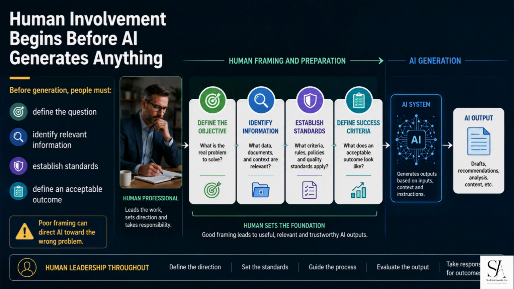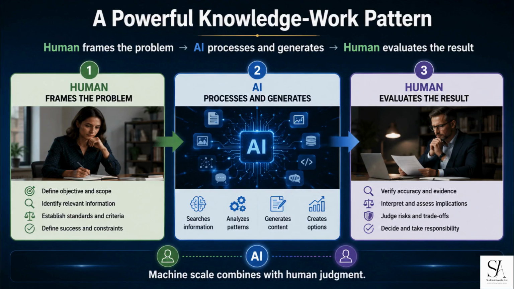Traceable evidence can strengthen this form of oversight. Instead of asking a reviewer to assess an unsupported AI answer, the system can provide the documents, sources, or information on which the recommendation depends. The reviewer can then examine both the conclusion and the basis for reaching it. This changes the quality of the human-AI interaction. The AI is no longer simply producing an answer that the person must either accept or reject.